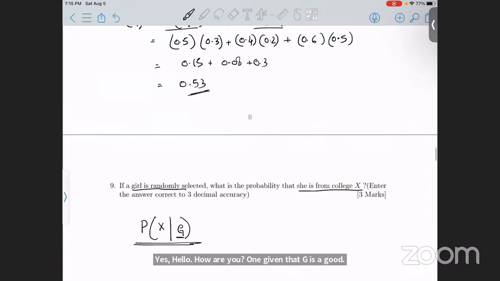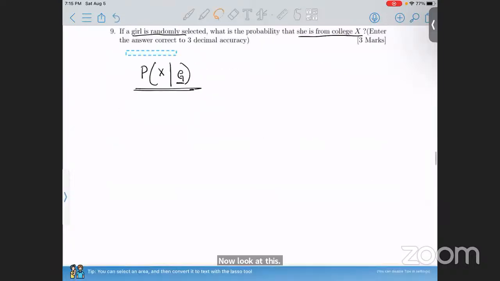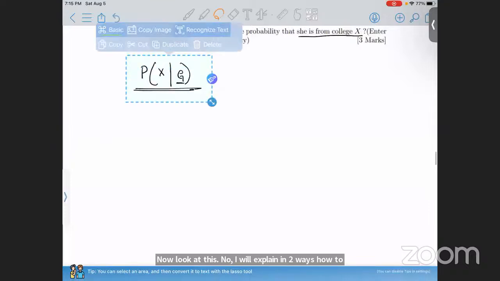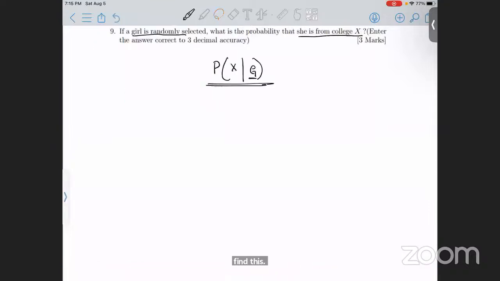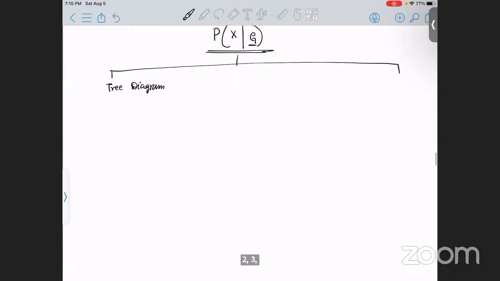Now I will explain in two ways how to find this. One is the conditional probability tree diagram, and the other is the conditional probability formula.